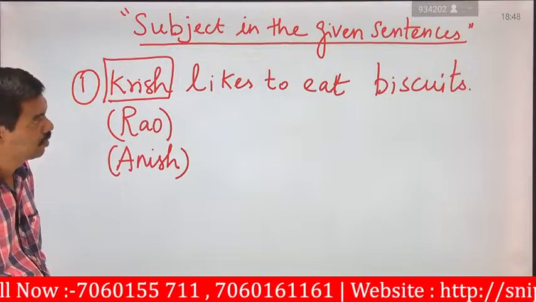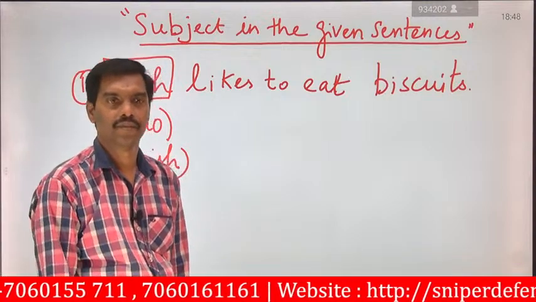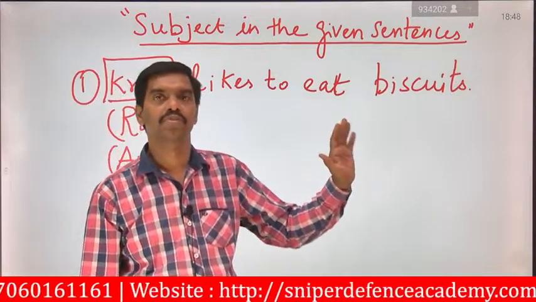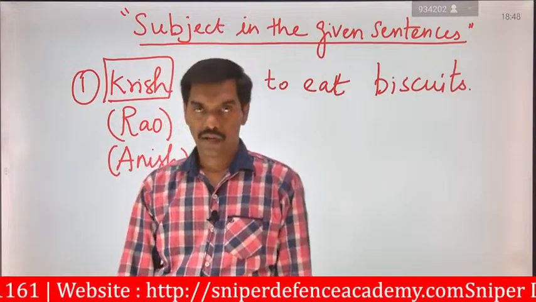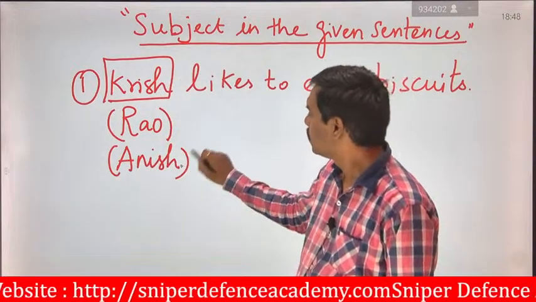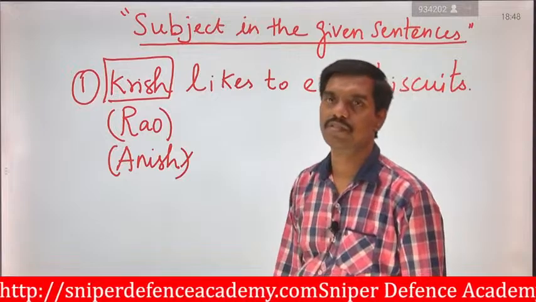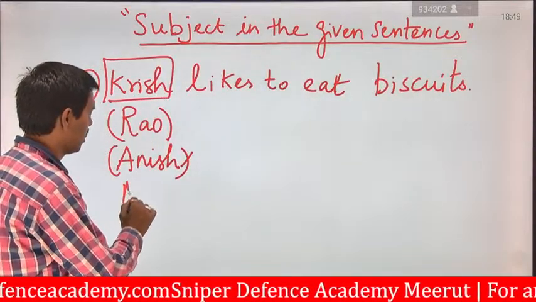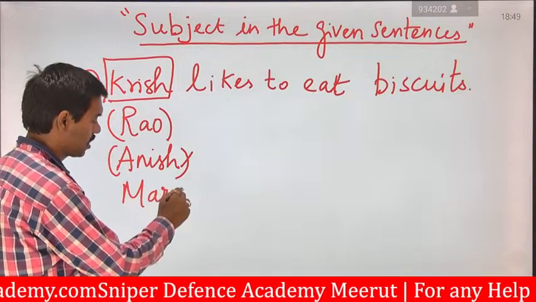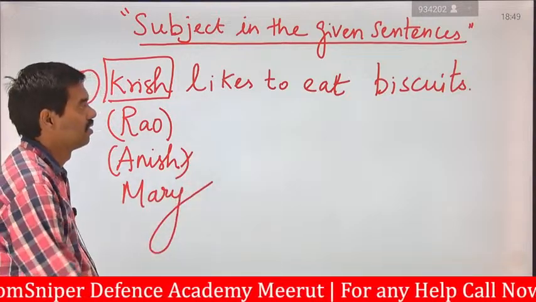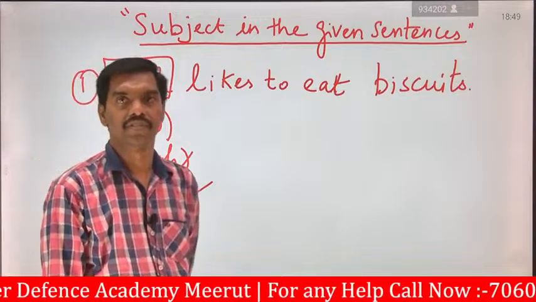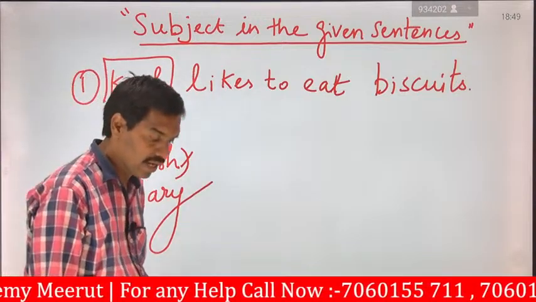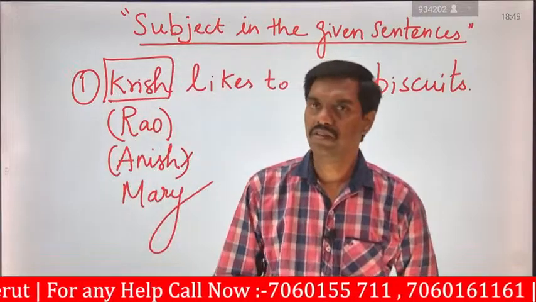Krish likes to eat biscuits. Or otherwise we can say Rao likes to eat biscuits, or Anish likes to eat biscuits, or if it is a girl, Mary likes to eat biscuits. Here we are going to identify the subject, not the predicate.